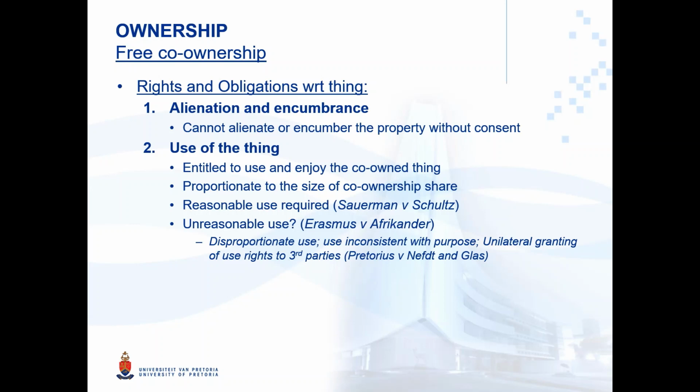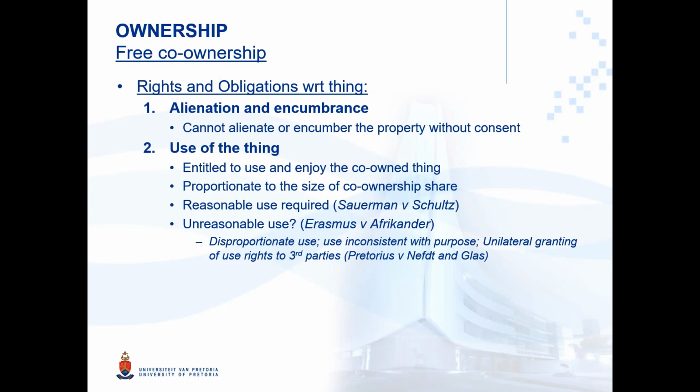And thirdly, where the co-owner unilaterally grants rights to third parties without the consent of the other owners. In this regard, let us have a brief look at what happened in the Pretorius versus Neft case.